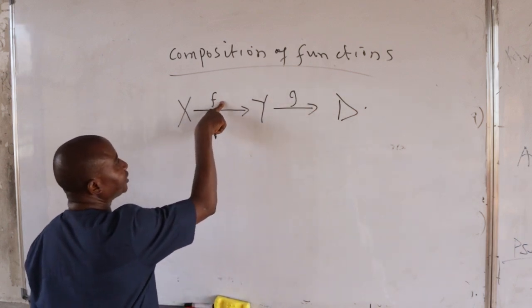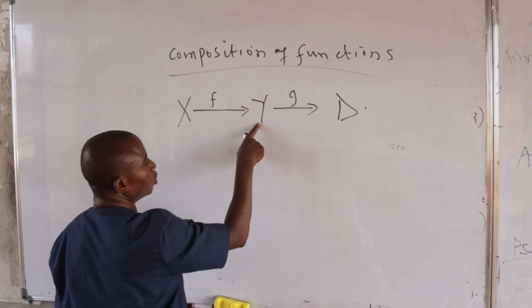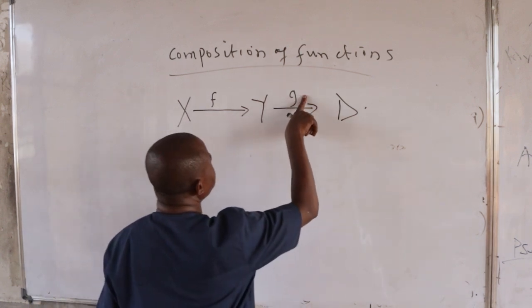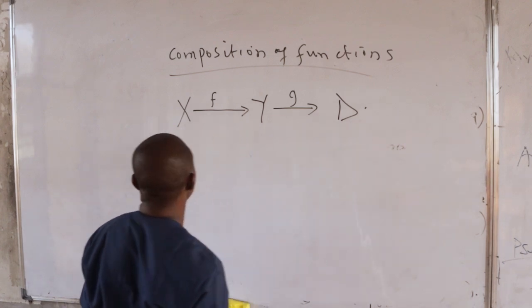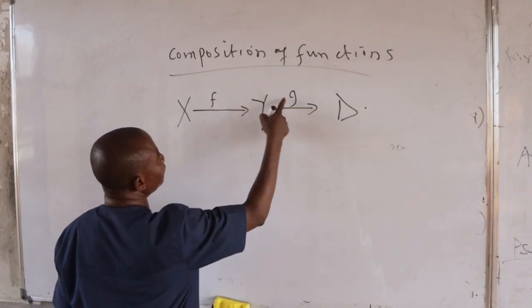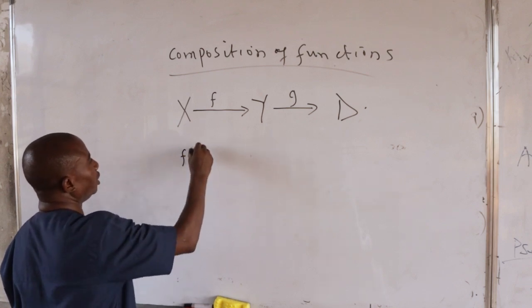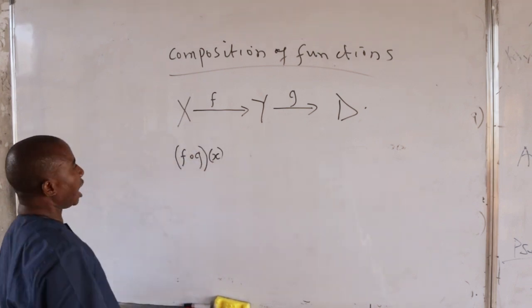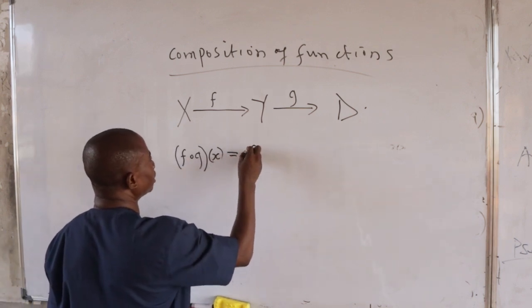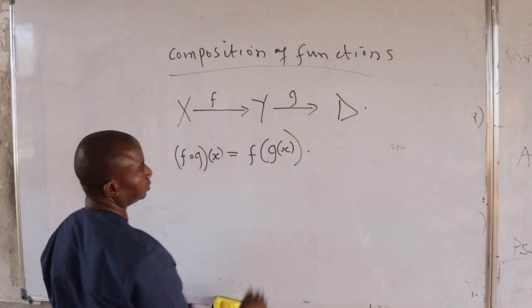By this arrow, I mean that f is a function defined on X into Y, and g is a function defined on Y into the set D. To compose f with g, that is f composed with g, we must allow this to act on x, and this means nothing but f acting on g of x.